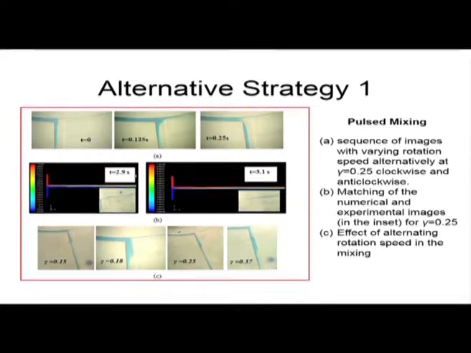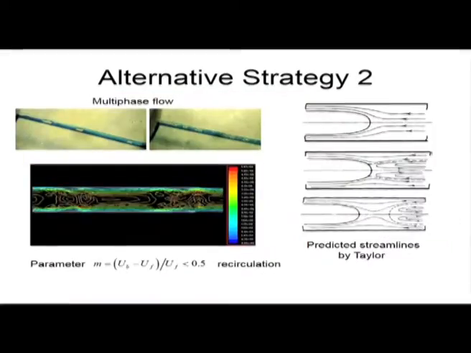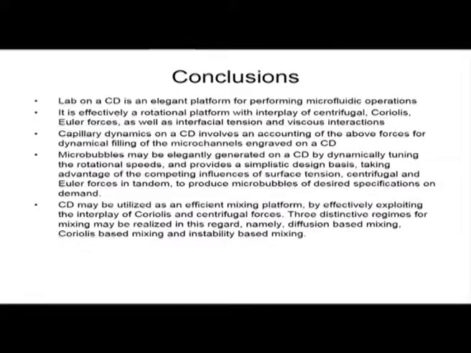It is common sense that if you do that, it will mix the fluid elements more vigorously. You can also use multi-phase flows on a CD to achieve good mixing. These are the things that we have tried, and we have been partially successful in these attempts.